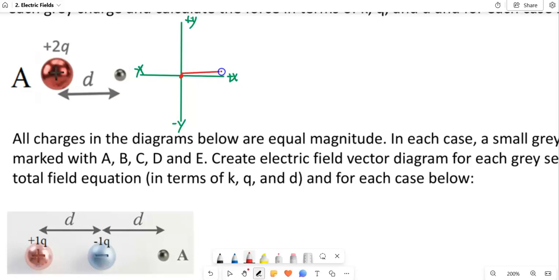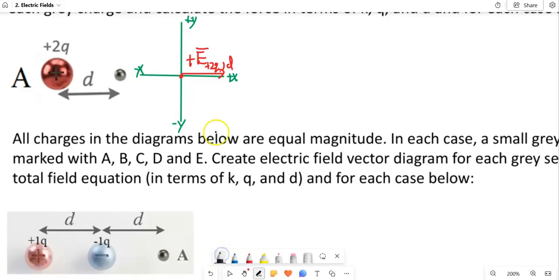So it's going to be pointed away from that positive 2Q charge in all directions. So now that vector is pointed to the right. This is the electric field. And we're going to label this electric field vector just like we did in forces. What is causing it is a positive 2Q, and it's a distance d away.